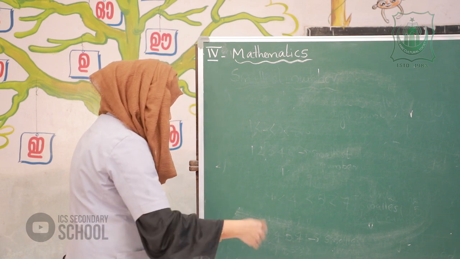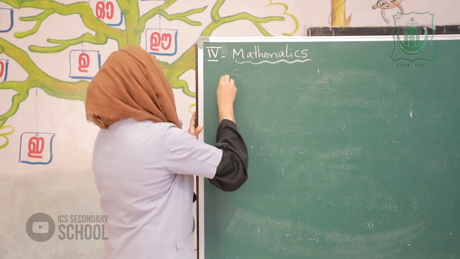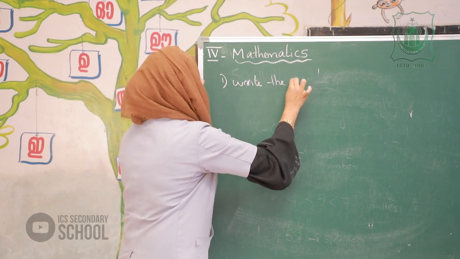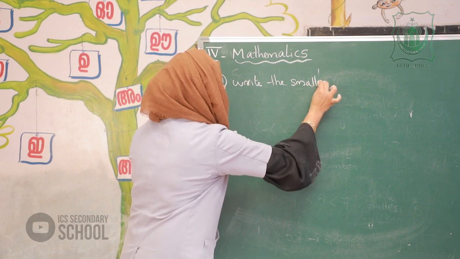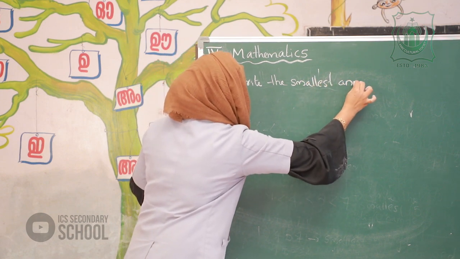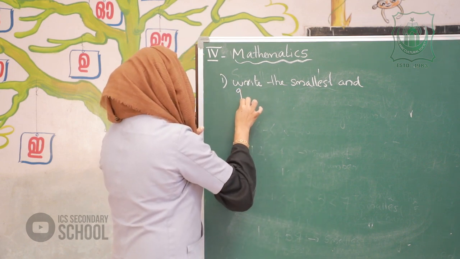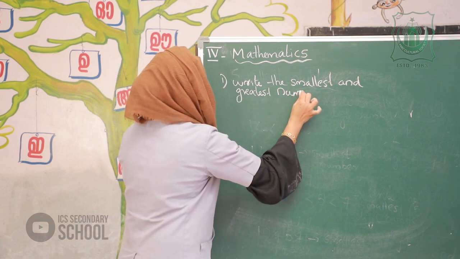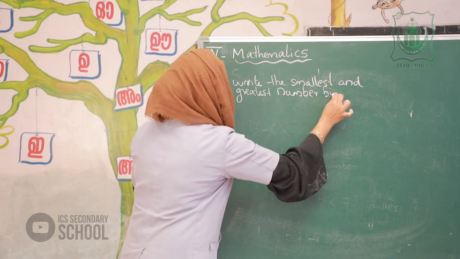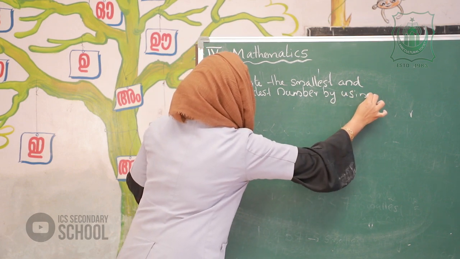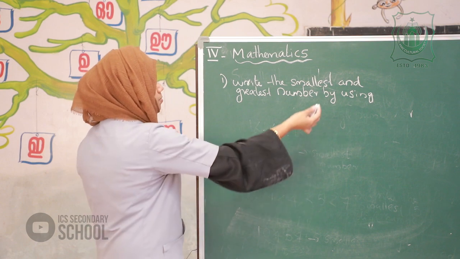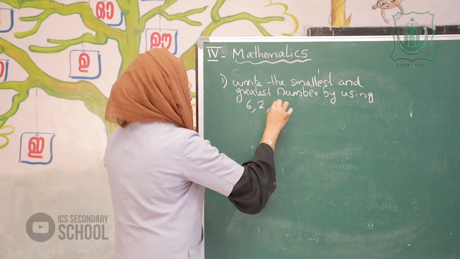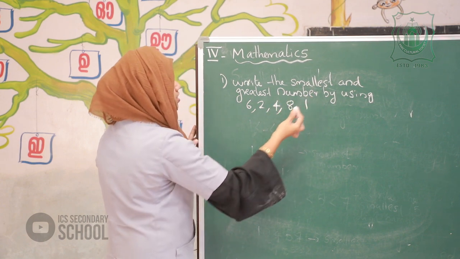The question is: write the smallest and greatest number by using these digits.